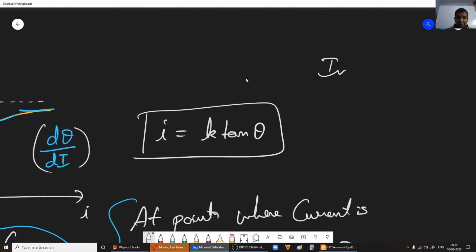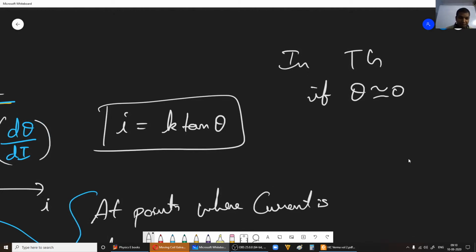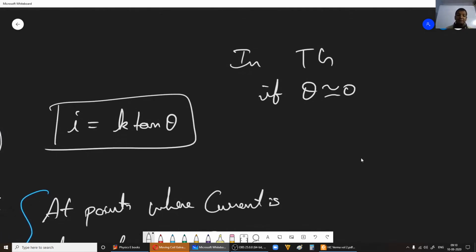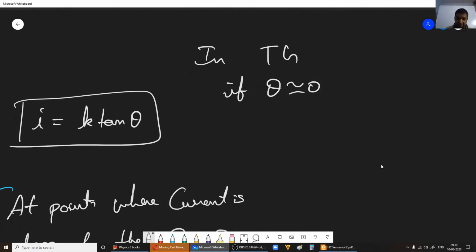We won't be able to measure current. Therefore for the tangent galvanometer, sensitivity is defined in a slightly different way.